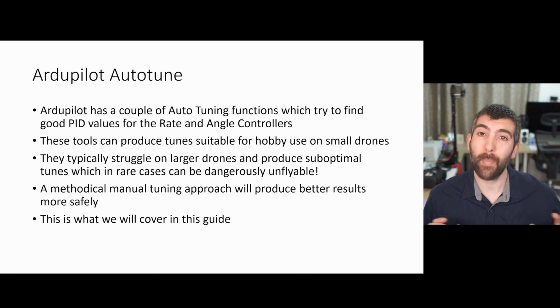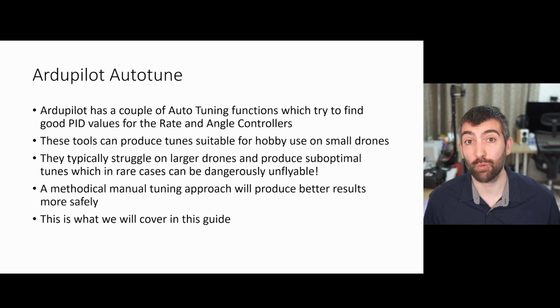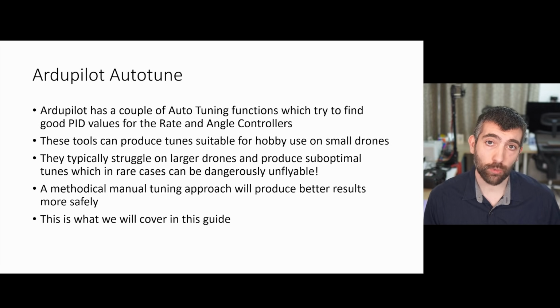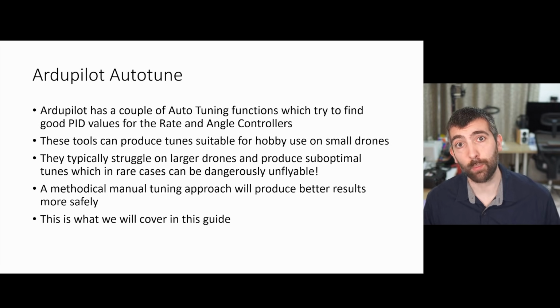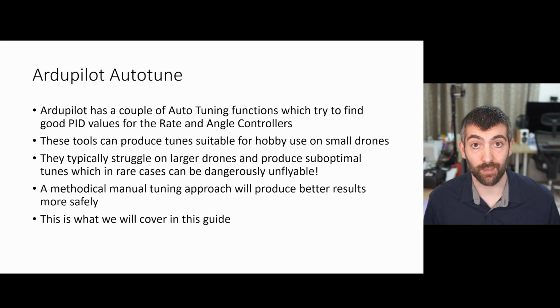A methodical manual tuning approach is always going to give you a better result than what you can achieve with Autotune. You as a human have much more information available to you in the log file that helps guide the tune, and you can also adjust more parameters that Autotune doesn't touch, which allows you to get a tune that gives you much better flight performance. That methodical manual tuning approach is what we're going to cover in this guide.